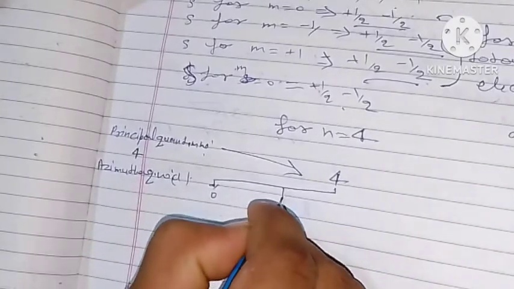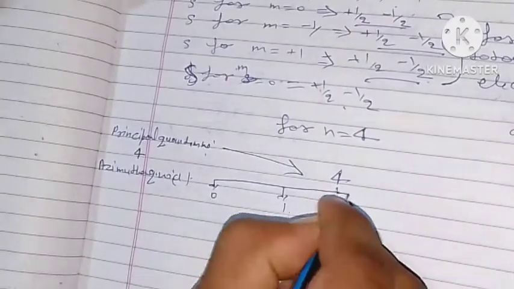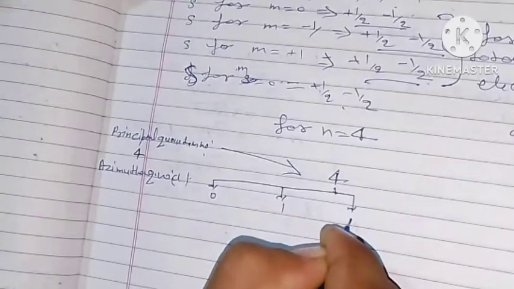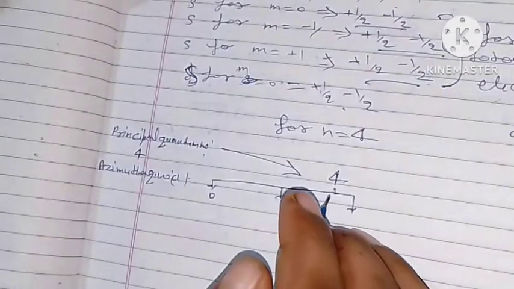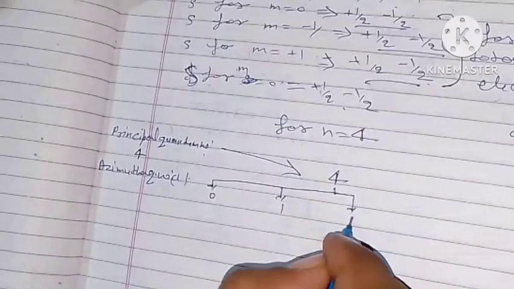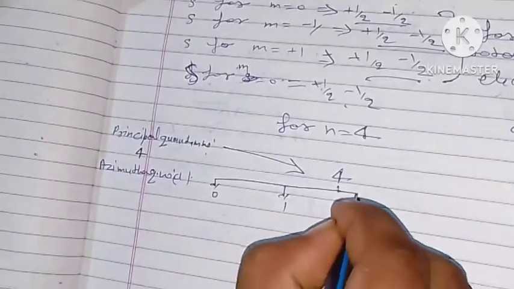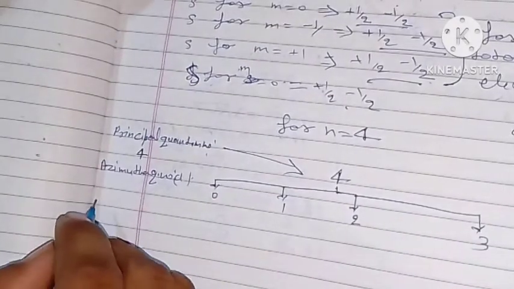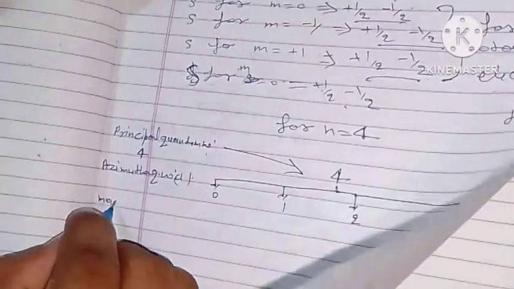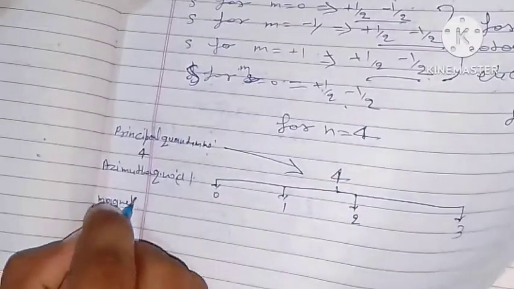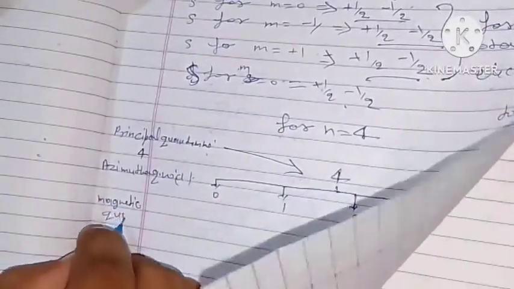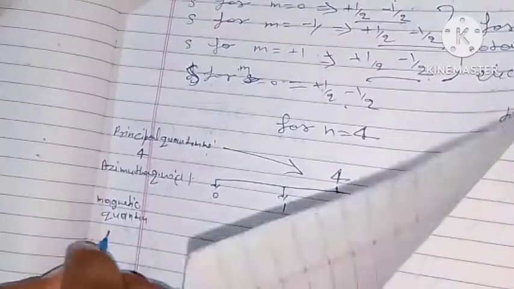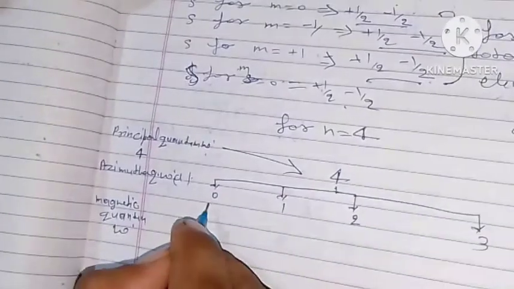The azimuthal quantum number l takes the values 0, 1, 2, and 3. Next is the magnetic quantum number.